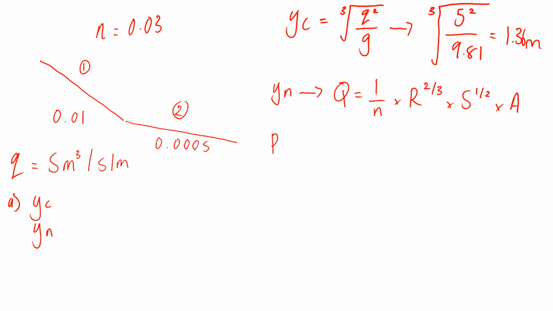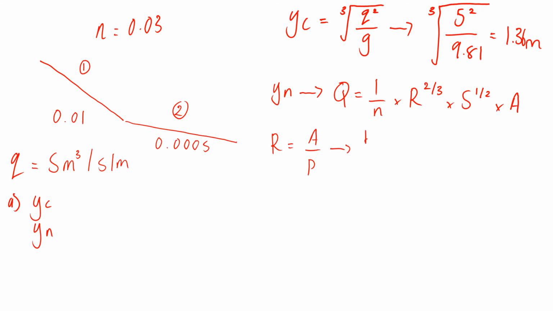We know what R is: R equals area divided by the wetted perimeter. We have a problem here because we've been asked to calculate yn, but we've got R, which equals area over wetted perimeter.